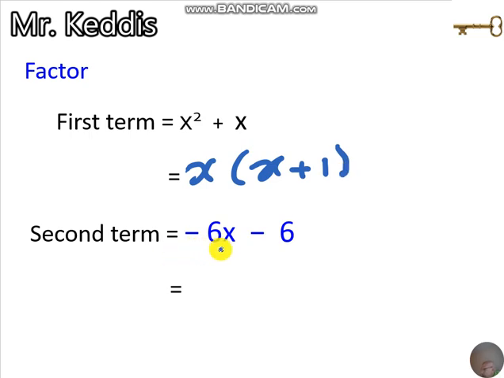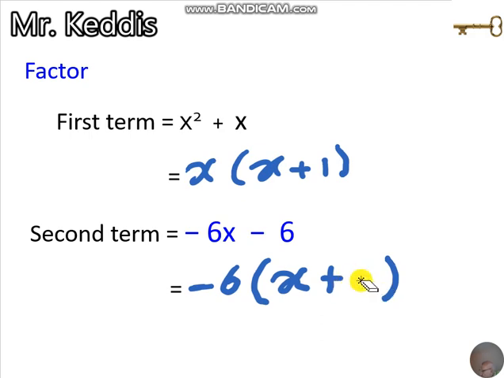To factor negative 6x minus 6, I take the negative 6 outside. And here x. Negative 6 times what? You get negative 6. Negative times positive, I get negative.